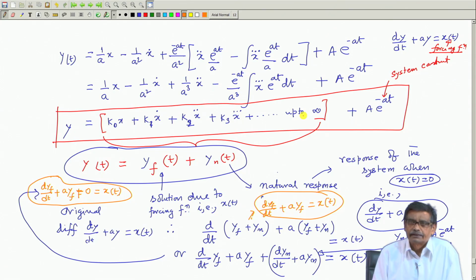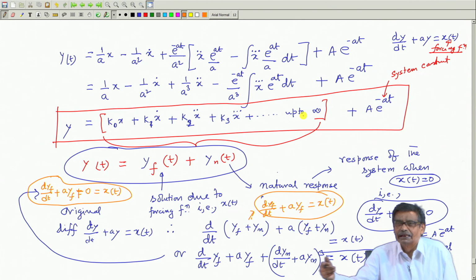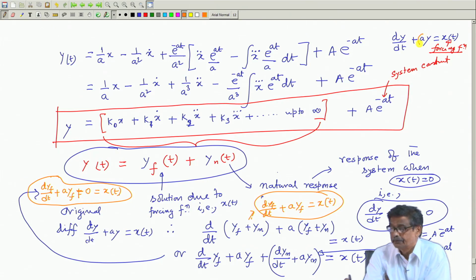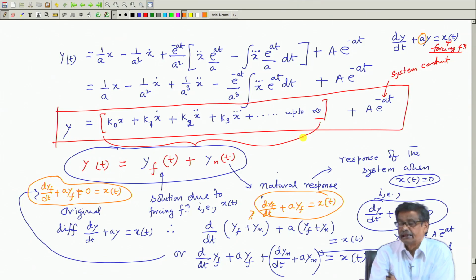For example, t square, then t, then constant, after that all differentiation is 0. So, the linear combination of the forcing function and its higher order derivatives is responsible for the solution due to the forcing function, and the natural response is a system property, decided by the term minus a t, some constant into e to the power minus a t.